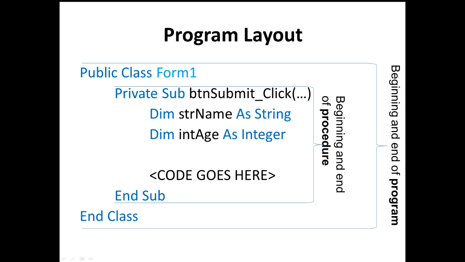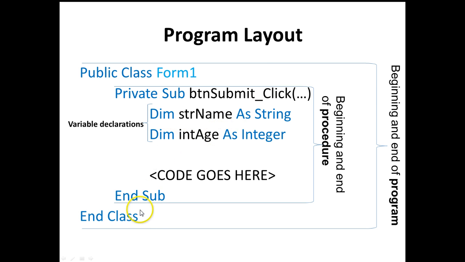Now, one other thing that we should point out here is that this procedure has two variables, one called strName, which is a string variable, and one called intAge, which is an integer. And you'll notice that variables are declared up front.